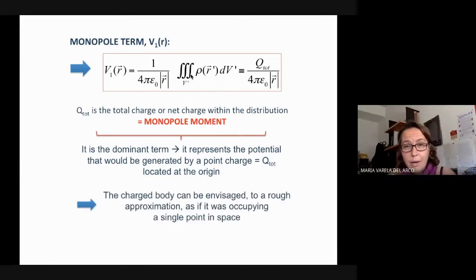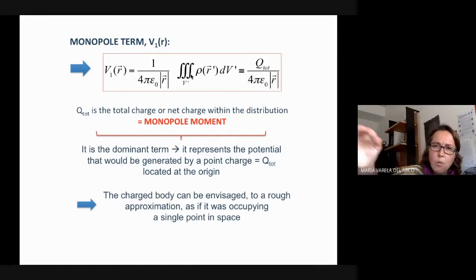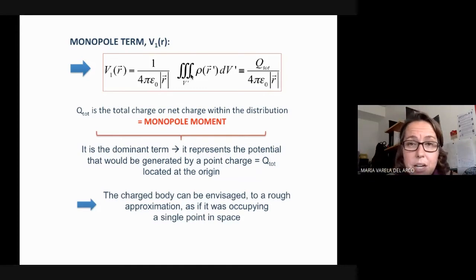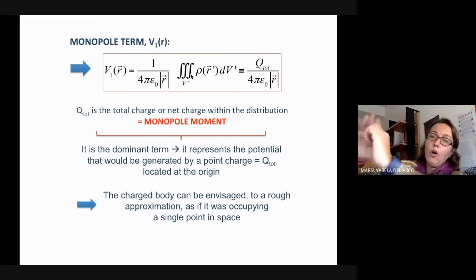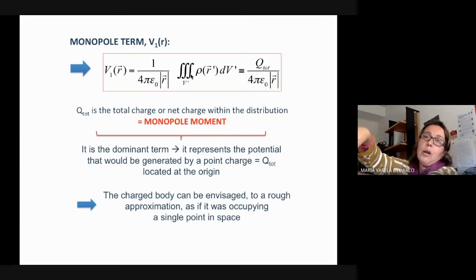So, to a very rough approximation, which works so much better the farther away I am, the charged body can be envisaged just like a point charge. In other words, my whole body collapses to a point and all of its charge is located right there. And that's where I put my origin.